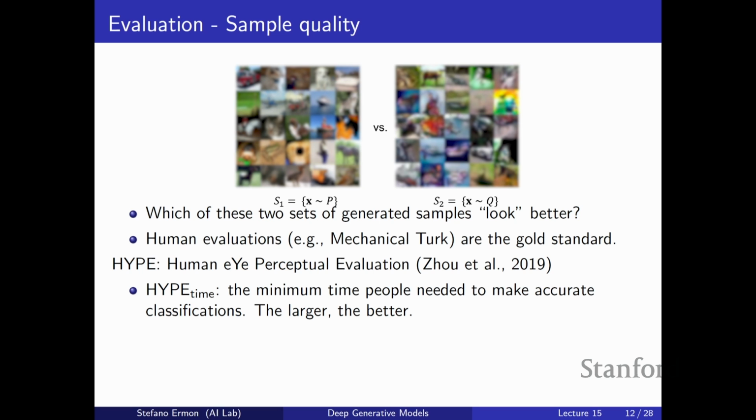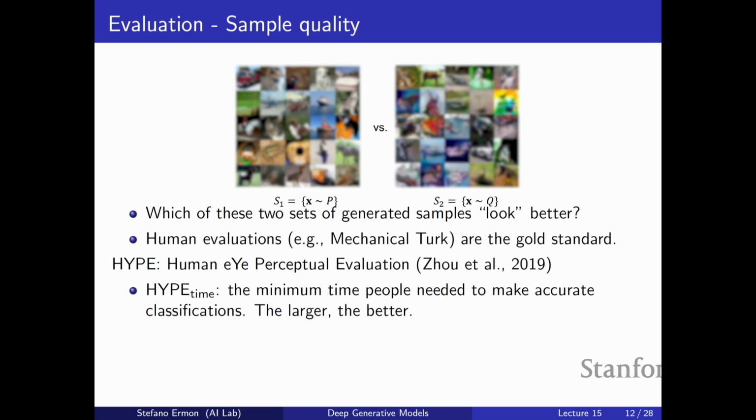This paper is from Stanford, looking at perceptual evaluation of generative models, which is based in the psychology and cognitive science literature. What they suggest is that you should take samples from your model, you have real data, and then you check how much time people need to accurately decide whether or not the samples they are seeing are fake or real.